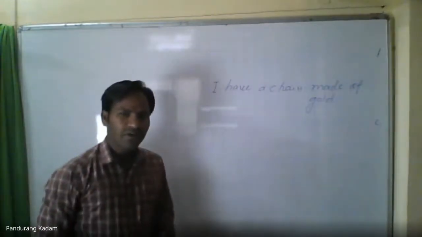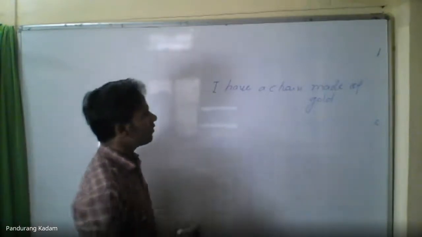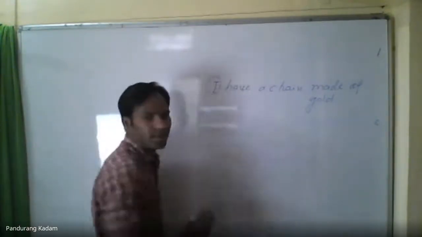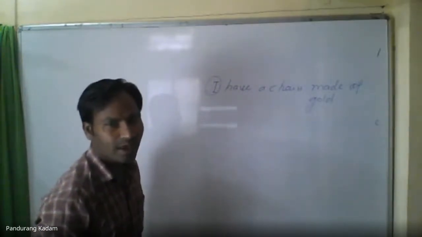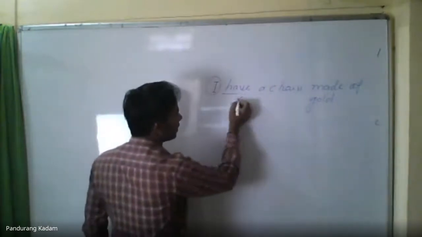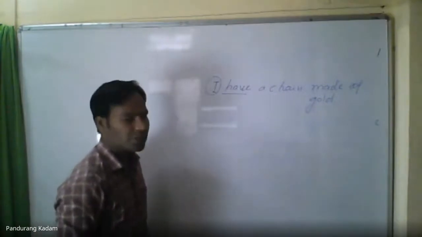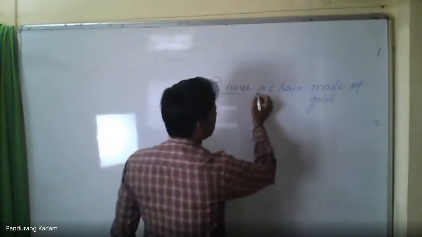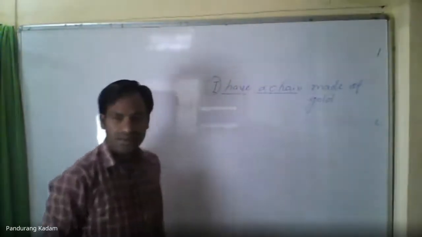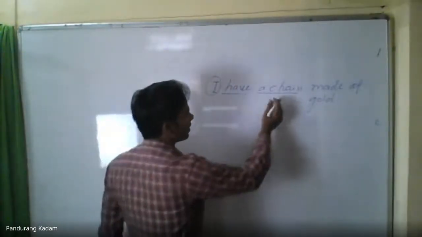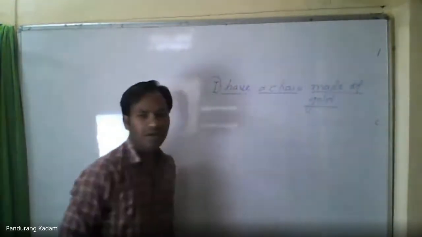If you divide the sentence and take out the parts of speech, you will know that I is a pronoun, the first person singular pronoun. Have is a verb, which shows possession. Then a chain is a noun. A chain made of gold is giving more information.